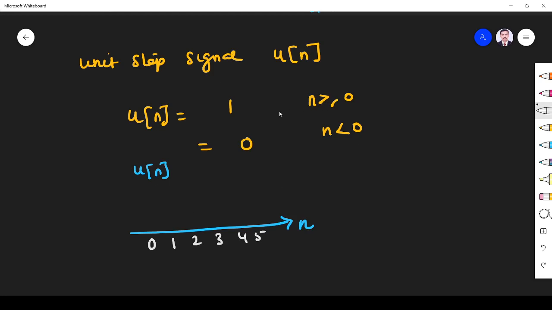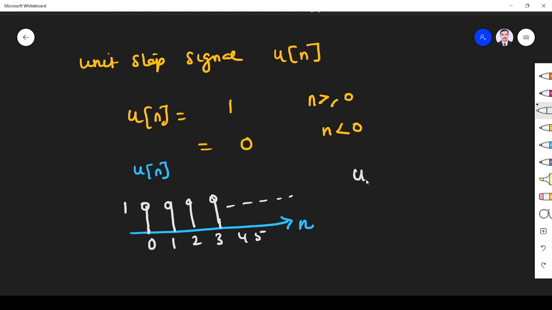When n is 0, u of 0 is 1. When you substitute n is equal to 1, u of 1 is also 1. For n equal to 2, u of 2 is again 1. For n equal to 3, again it is 1. Whatever the n value, up to infinity, it is 1 only. So this is u of n, the unit step signal.